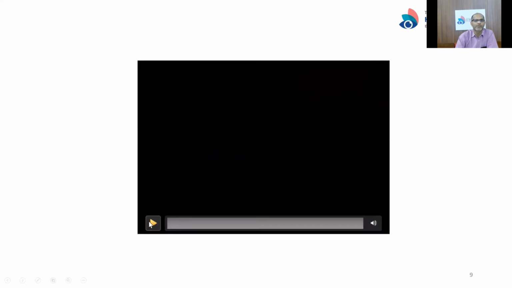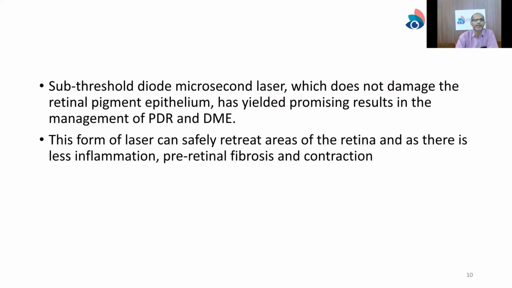What we need to counsel the patient is that the aim of the treatment is not to improve vision, but the aim of the treatment is primarily to stabilize their vision and to cause regression of blood vessels. There is an advancement in the various modes of laser delivery.